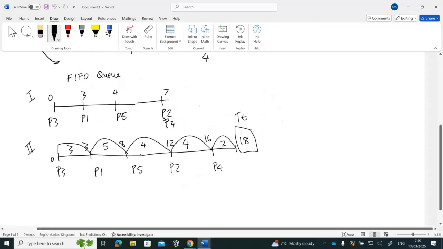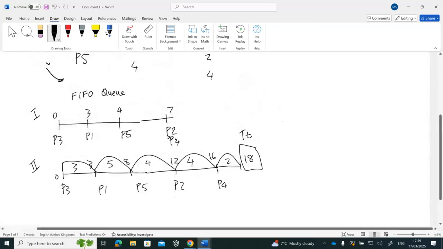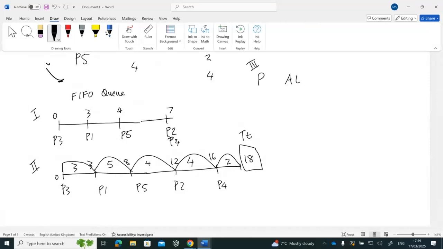Let's do step 3. So processes, arrival time, burst time, completion time, then turnaround time and waiting time.